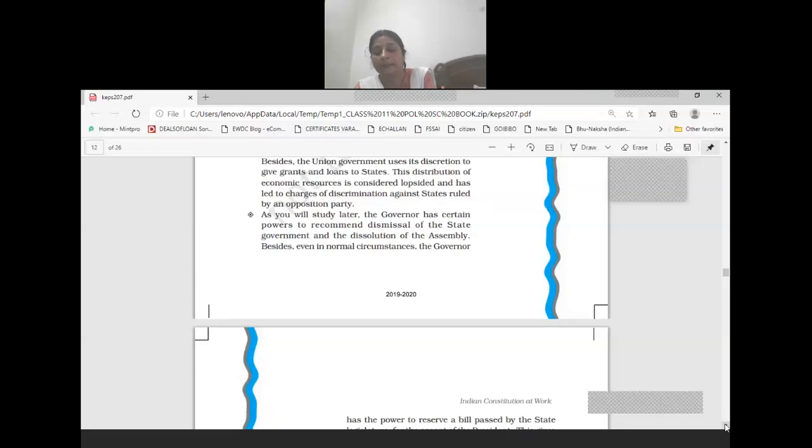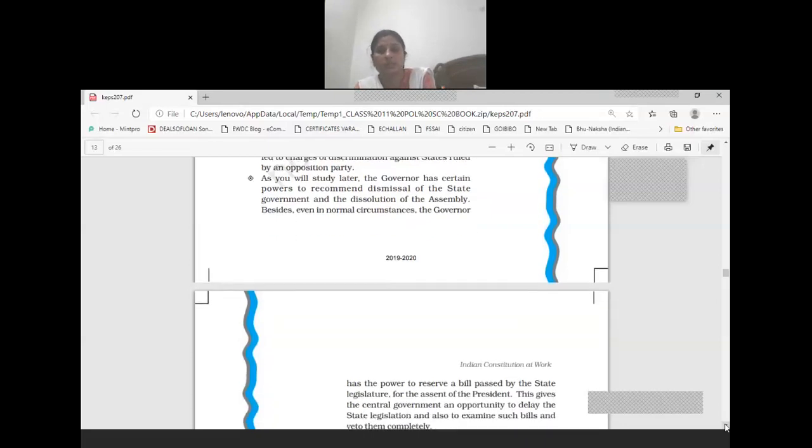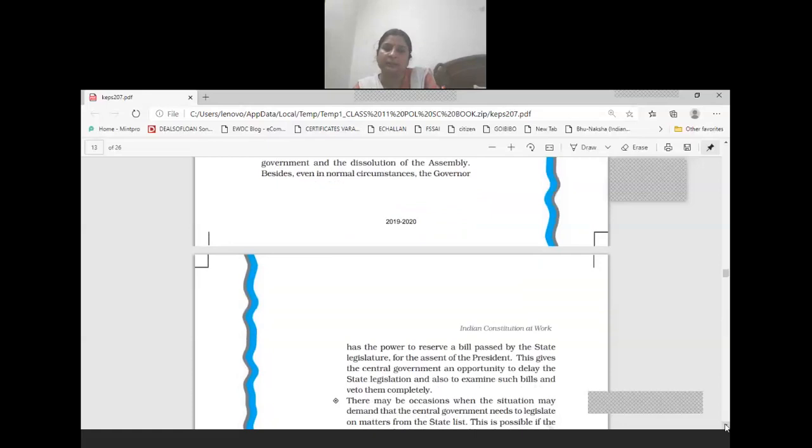And in normal circumstances also, the governor has the power to reserve a bill for the assent of the president. After being passed by the state legislature, the bill comes to the governor for his signature. But instead of giving his assent, he can reserve that bill for the assent of the president.